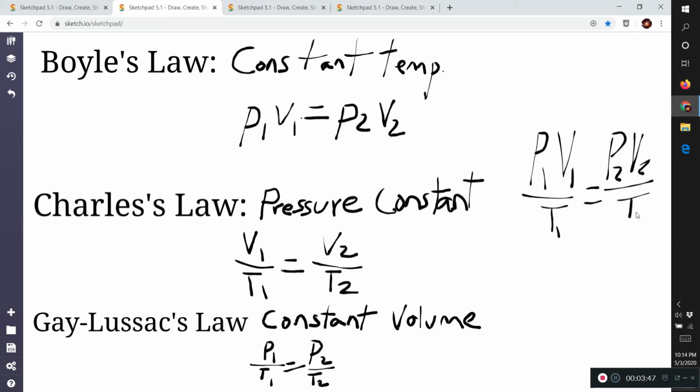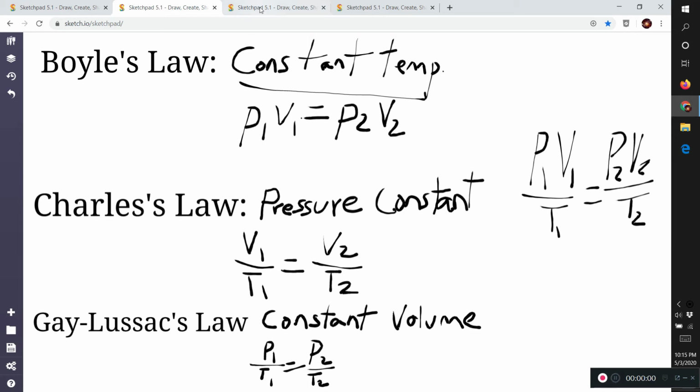Basically, if one of these is held constant, we just remove it from the equation. So in Boyle's law, we have a constant temperature, so we just take temperature out of the equation, because it's not going to change anything. Similarly, for Gay-Lussac's law, if we have a constant volume, we just remove volume from each side of the equation, and we use the equation like such. So it's pretty easy to find the law we need using the combined gas law.